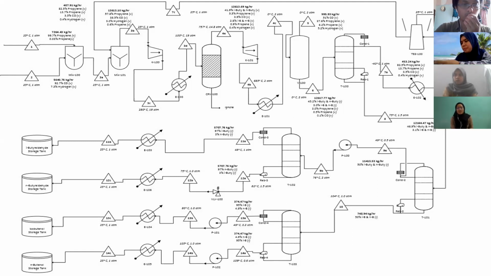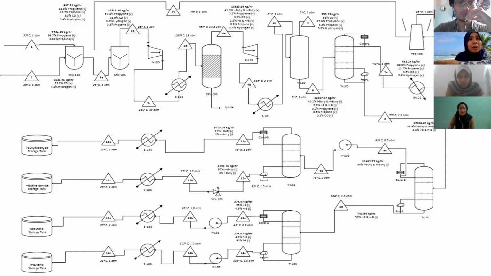Okay, are you done, Jinshuan? Okay, so I'm wondering about your stream 3C. From 3C you heat up to 280, then you lower it back to 100 degrees C. What's the purpose of doing that?